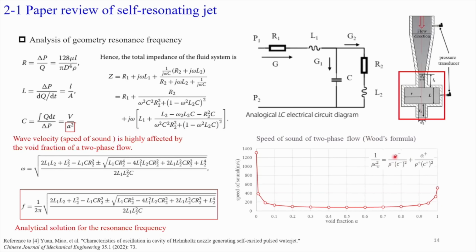Some other researchers indicated that the speed of sound in two-phase flow is highly affected by the void fraction, which is the gas volume versus the liquid volume. And we can estimate the speed of sound accordingly. However, direct measurement case by case is still believed more reliable for us.